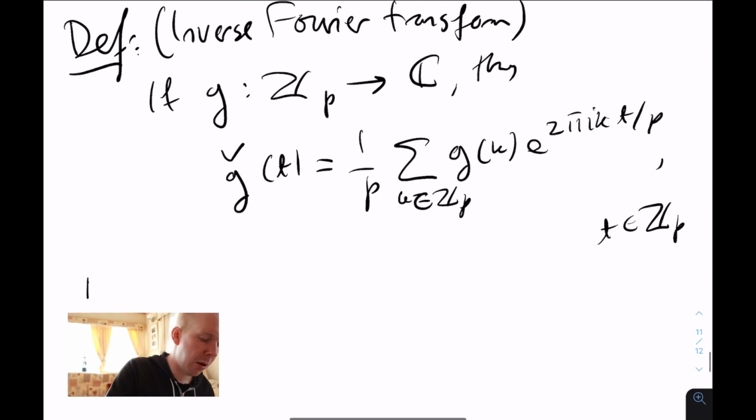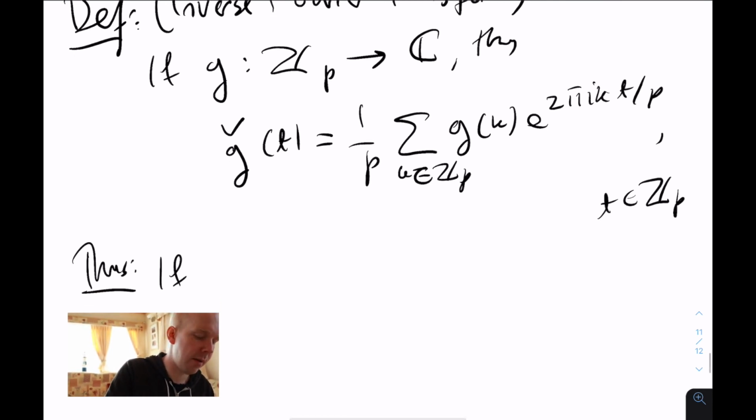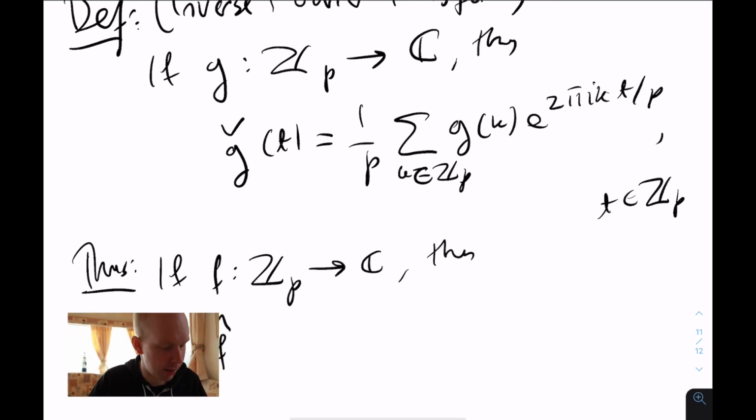So thus we have the following: if f is a function from Z_p to C, and you take the Fourier transform of this f and then take its inverse Fourier transform, then this is equal to f.